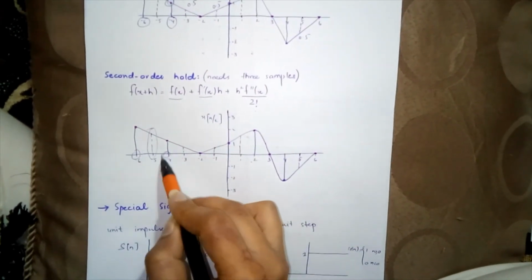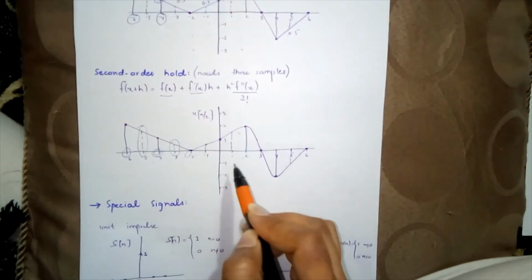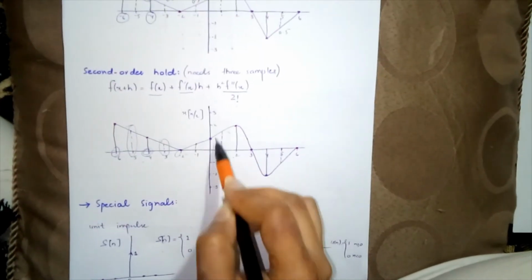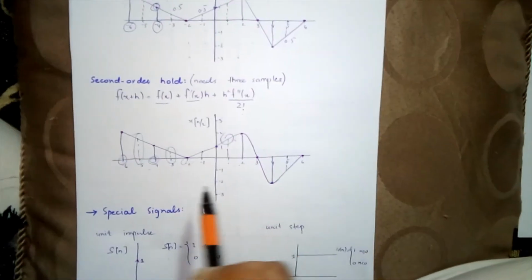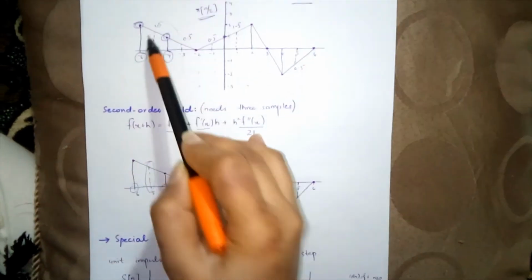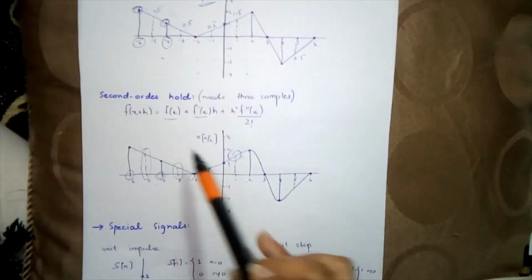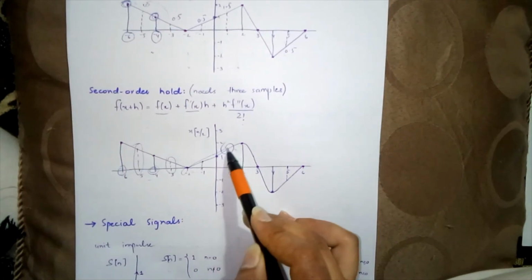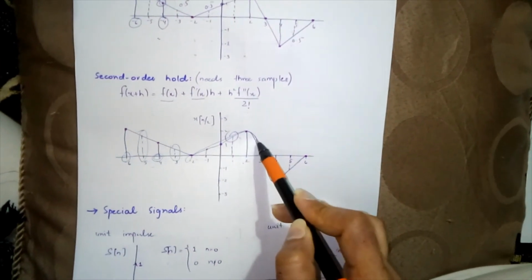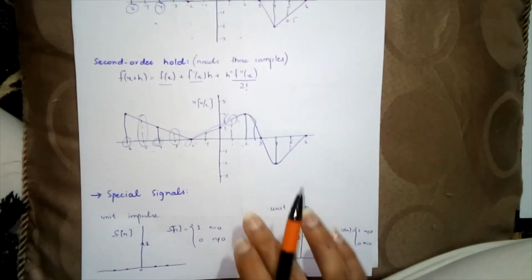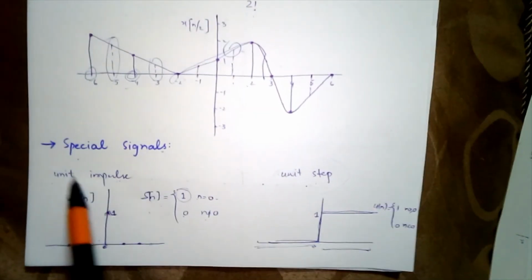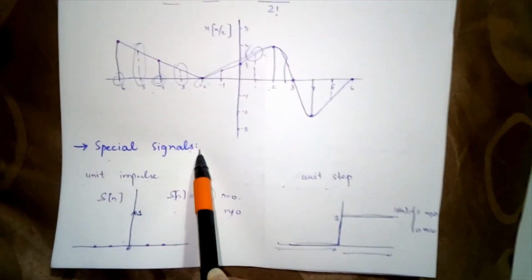Similarly, the average value of these two signals gives the middle value. Similarly for this signal. In first order hold, we get the slope, and in second order hold, we have curves at the end of the signal.